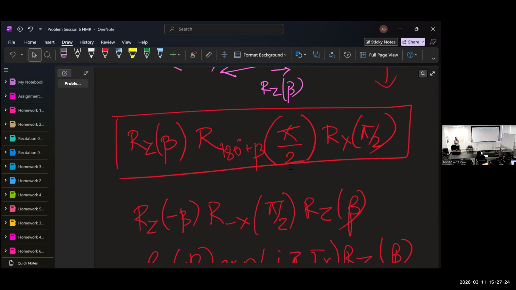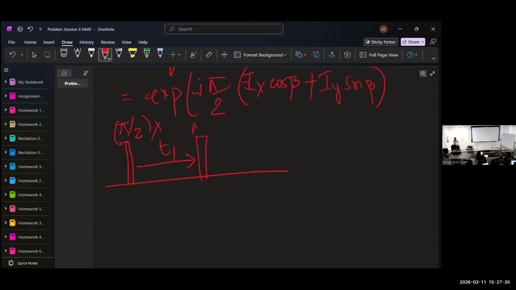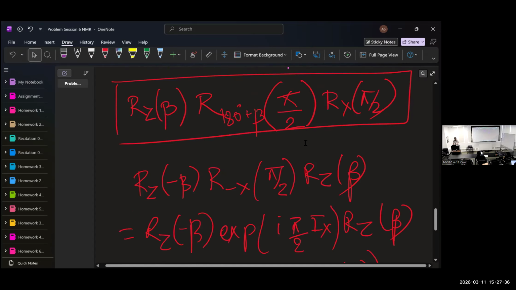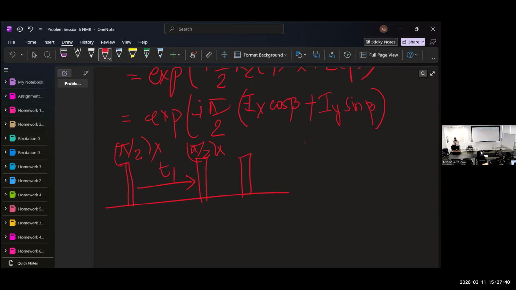What is the first rotation? 90x pulse. And then the 90 pulse with this phase 180 plus beta.